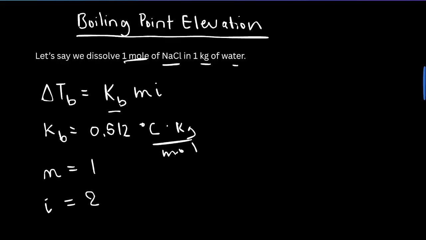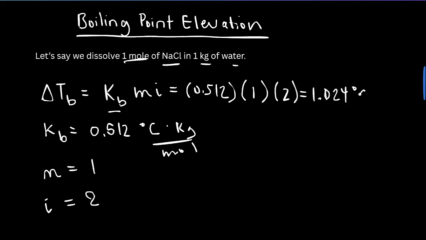If we take all of this information and plug it into our formula, we can see that our delta Tb, or our boiling point, is going to change by 0.512 times 1 times 2, which is equal to 1.024 degrees Celsius.